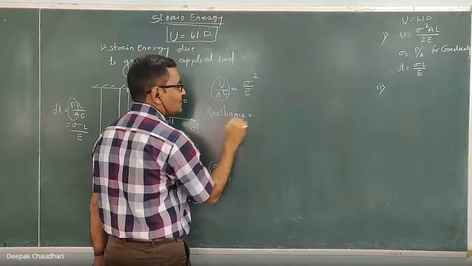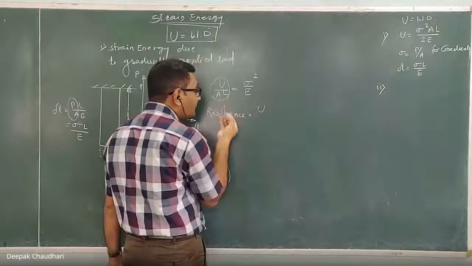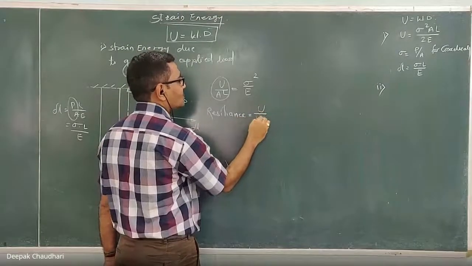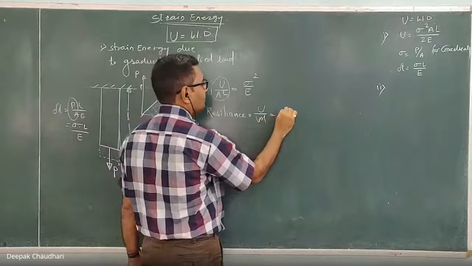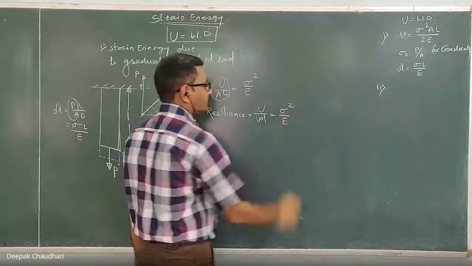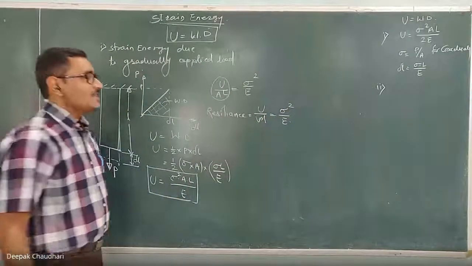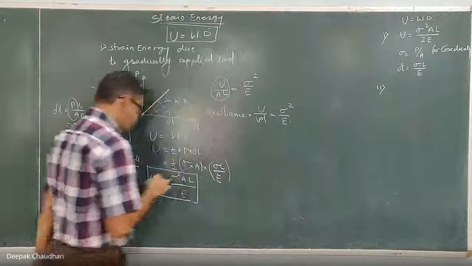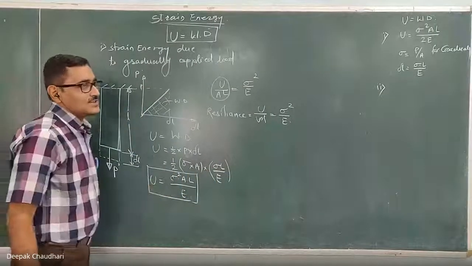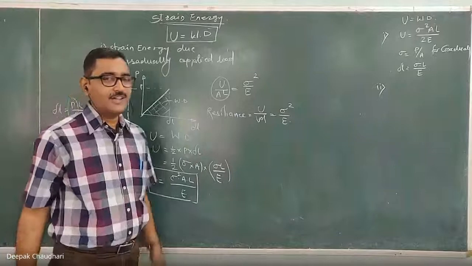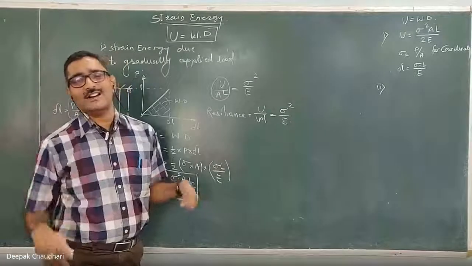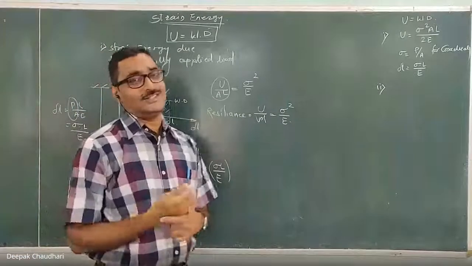So resilience, how can you define it? It is the strain energy stored per unit volume, which is equal to sigma square upon 2E. Now we observe that the strain energy is proportional to the stress. If the stress value increases, the amount of strain energy stored also increases.